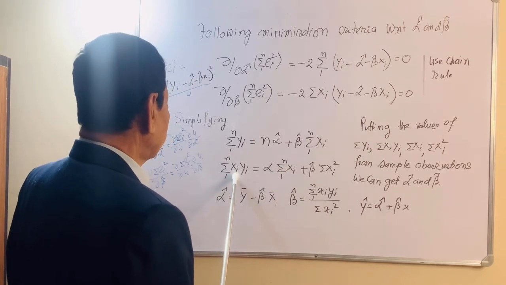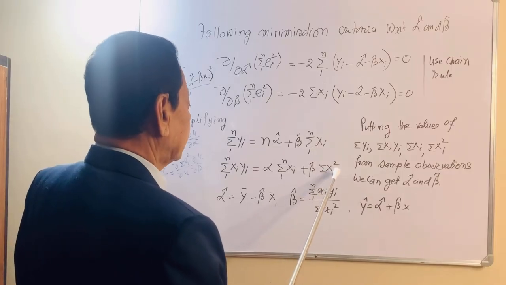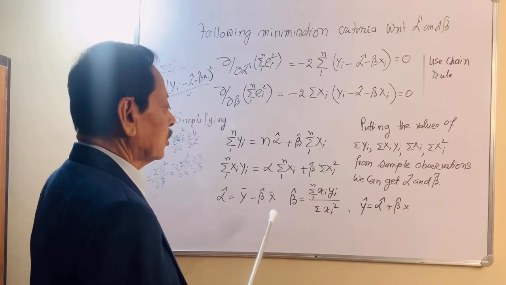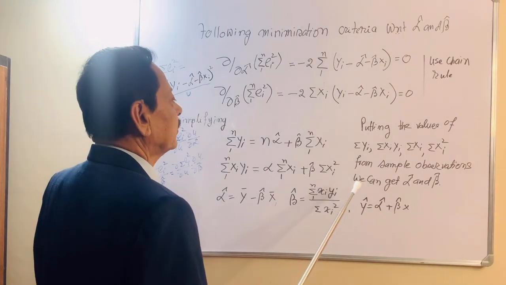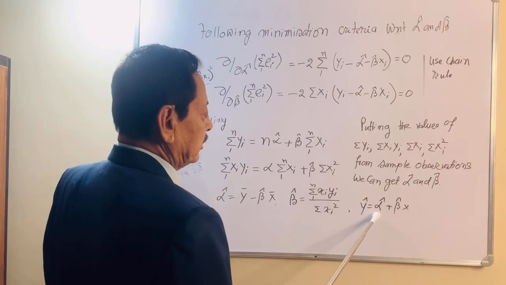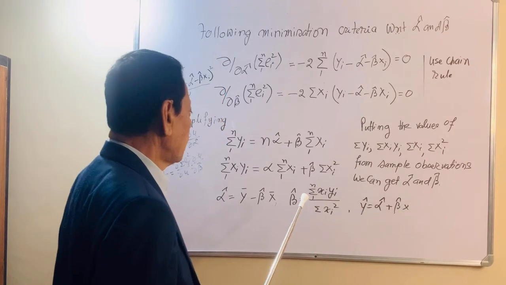So summation xi yi mean deviated divided by summation xi square is equal to beta head. So the estimated line will be y head, estimated y, is equal to alpha head plus beta head x.